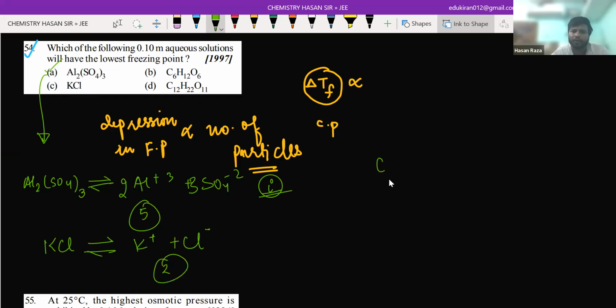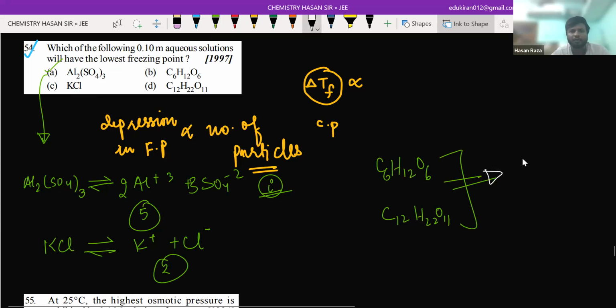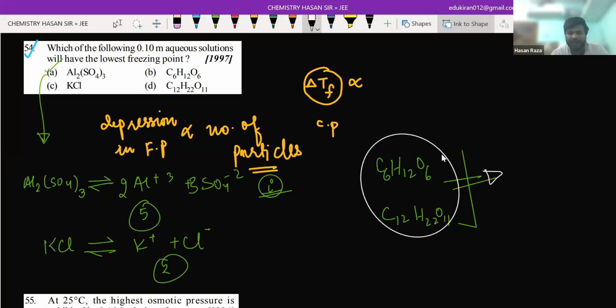And C6H12O6 and C12H22O11, these are basically non-electrolytes, non-volatile, so they will not be dissociated. The value of i for these is 1. So you can see for both of these i is equal to 1, and for the others 2 and 5.